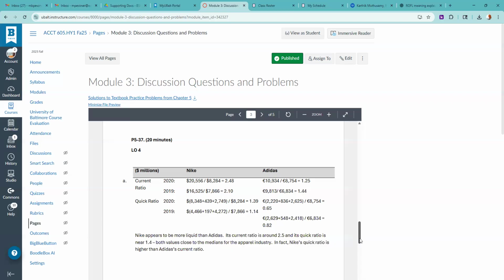Quick ratio, of course, is the ratio of quick assets, which is things like, if you go look at the solution, cash, receivables, and short-term investments in this case. They're things that are very quickly convertible to cash. So if you look at the quick ratio, it's a sum of cash of 83.48.